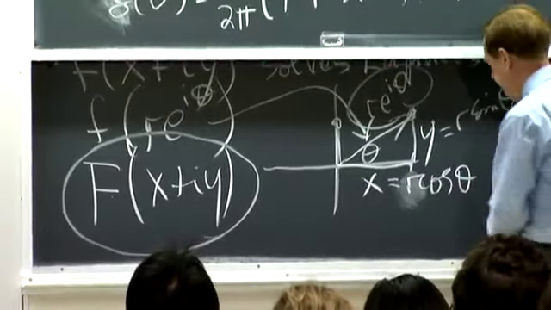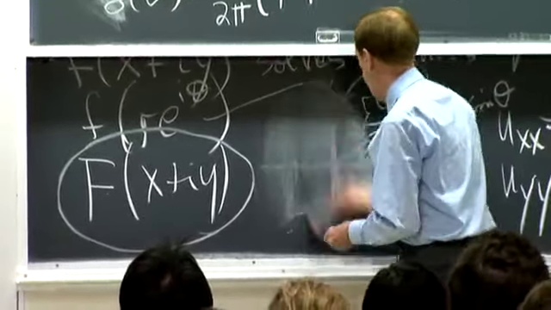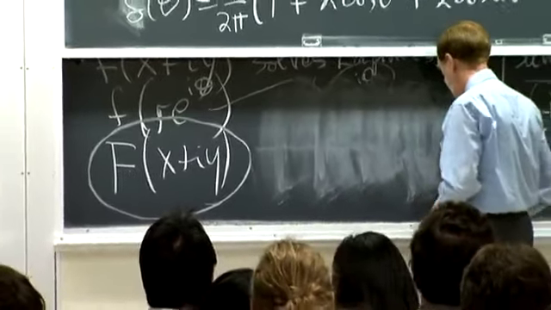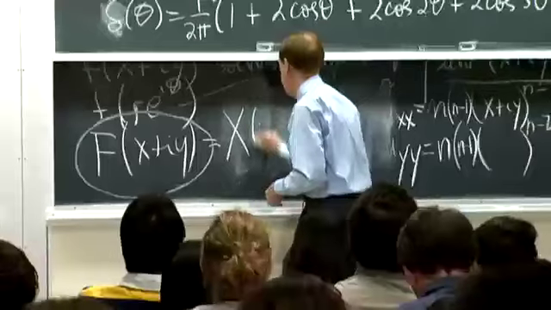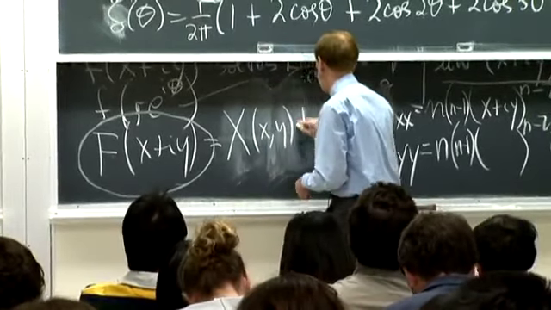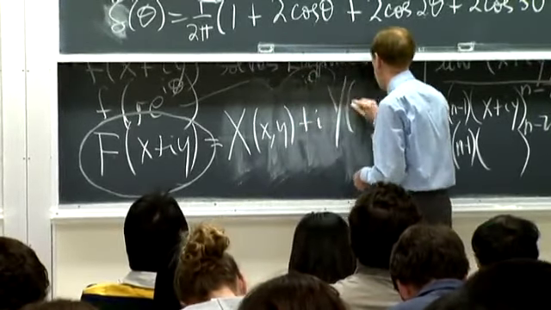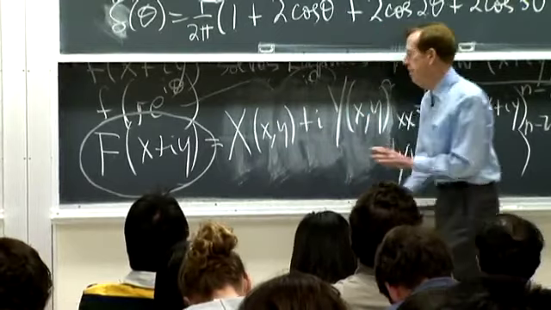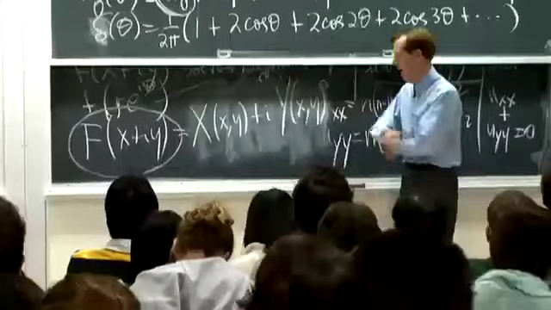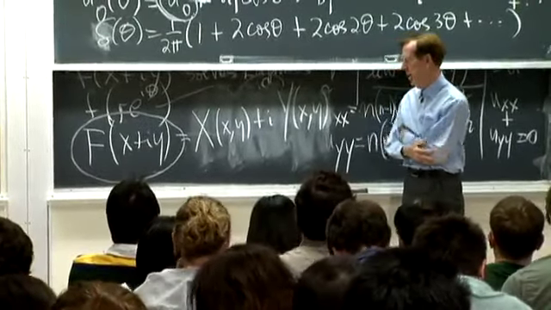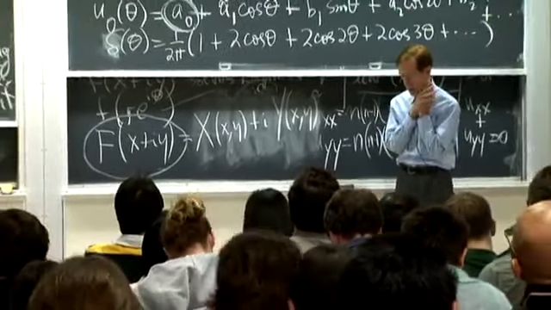Change variables. Conformal mapping is a change of variable. He picks some function and lets its real part be capital X and its imaginary part be capital Y. Okay, this is totally ridiculous to put conformal mapping in 30 seconds, but never mind.